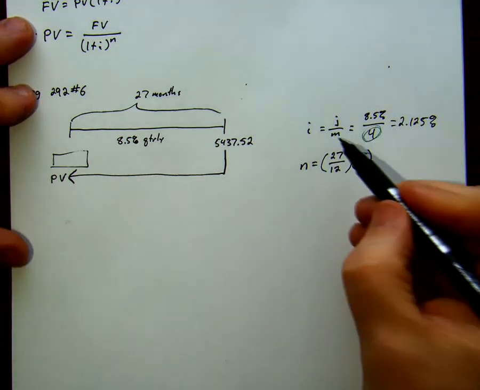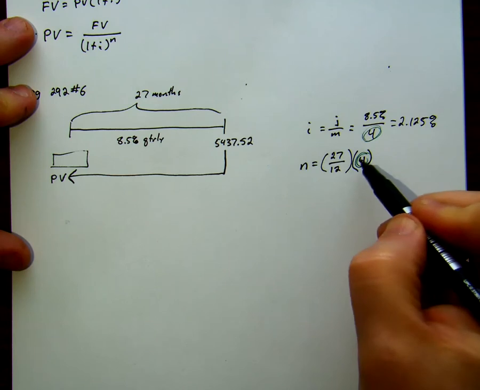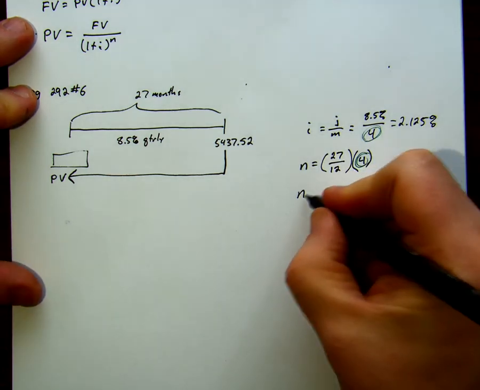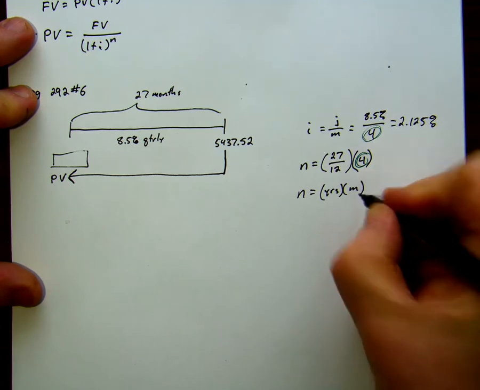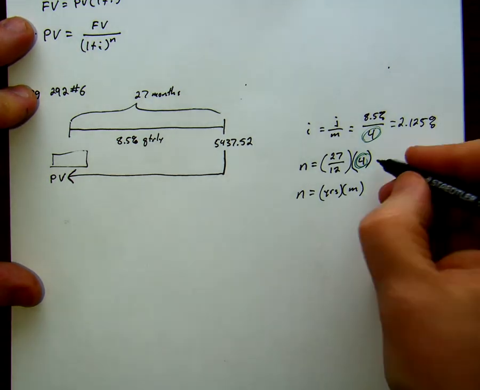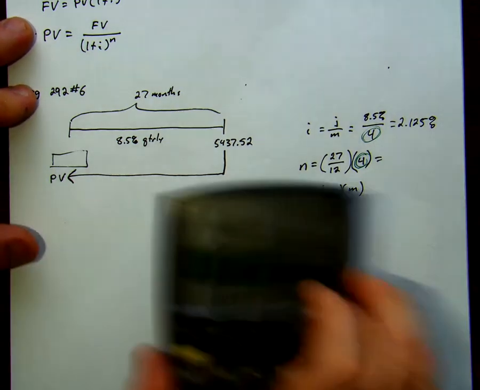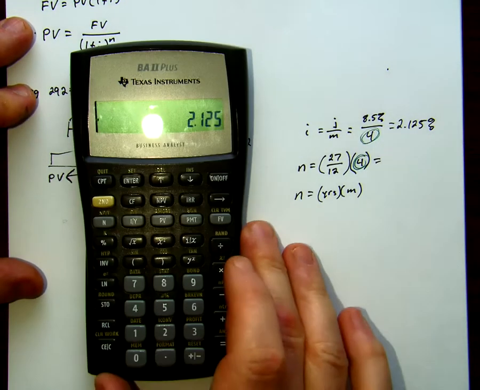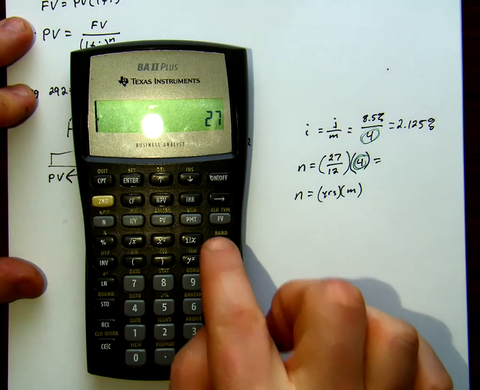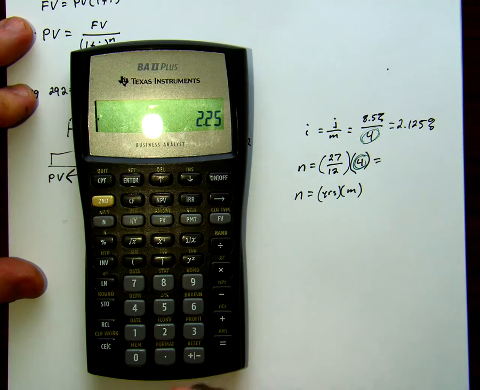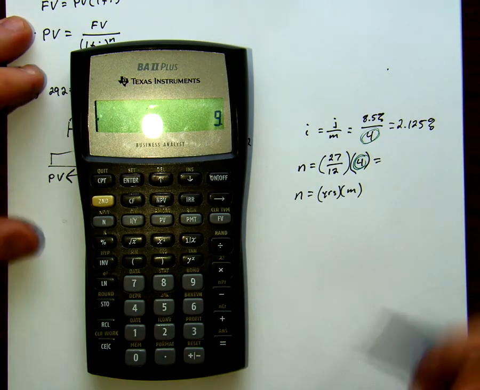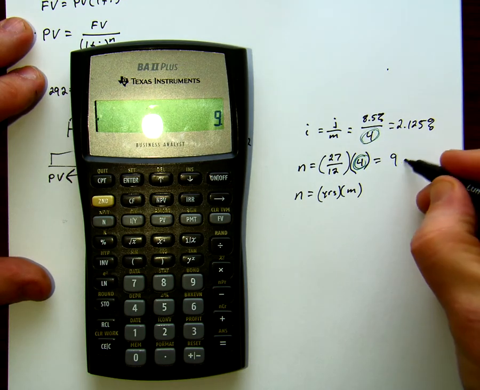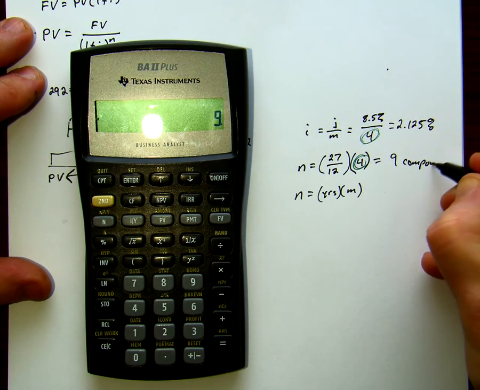So the m that we deal with for i is the same as the m we deal with for n, because we know that n is equal to years times the compoundings per year. Just computing this, 27 divided by 12, it's 2.25 years times 4. Well, that's going to be 9 periods, 9 compoundings.